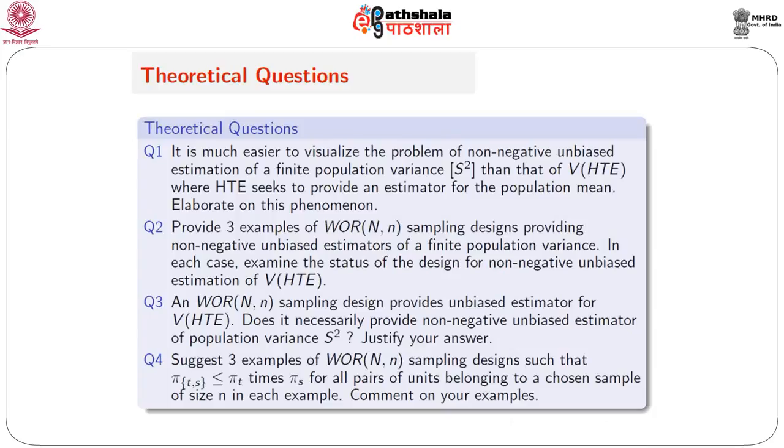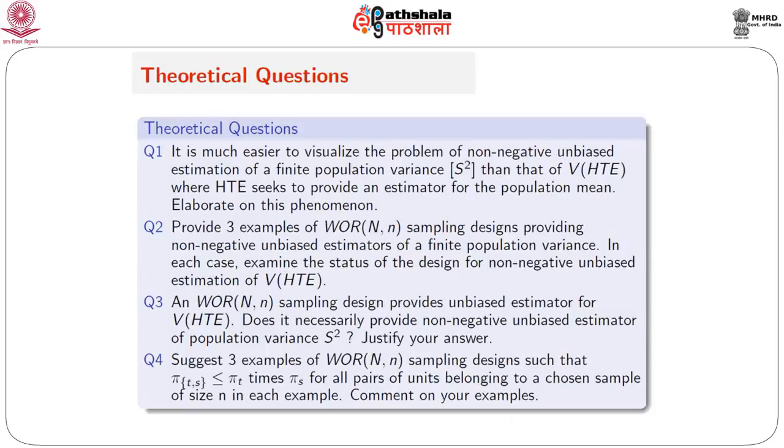It says, if you know that one without replacement sampling design provides an unbiased estimator of the variance of the Horvitz-Thompson estimator, immediately you know all pi ij's are positive, because pi ij has to be positive for estimation of the variance of the Horvitz-Thompson estimator, because variance involves the square term as well as the quadratic cross product term, and for the cross product term you need pi ij positive.